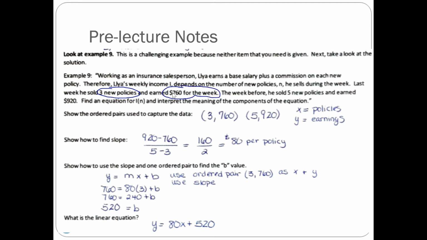So these two numbers go together. They are somehow joined. And then later on we see that when we have 5 new policies, so I'll put that in red here, 5 new policies goes with $920. And so those two numbers are also joined.